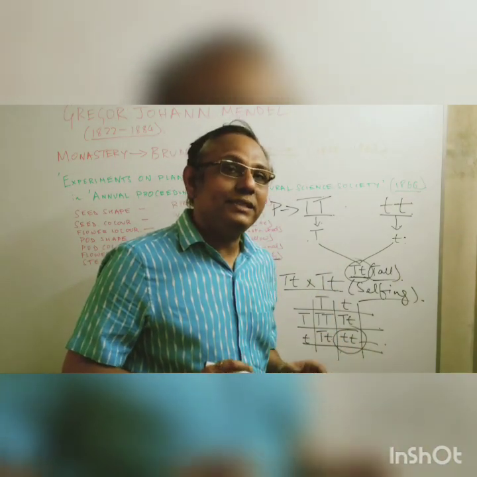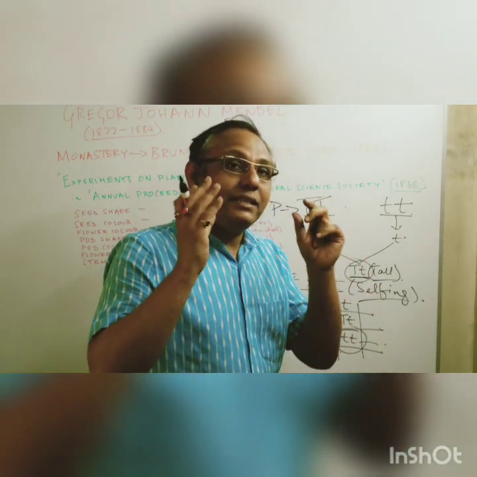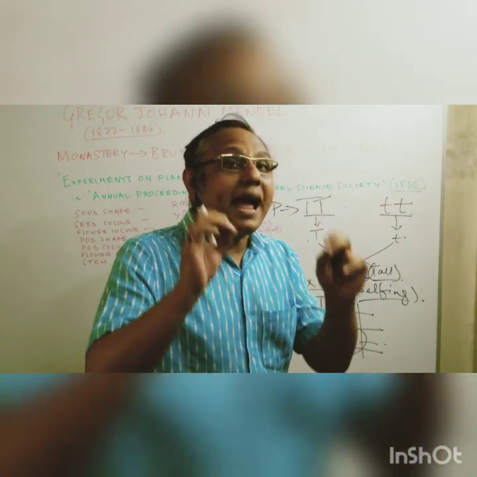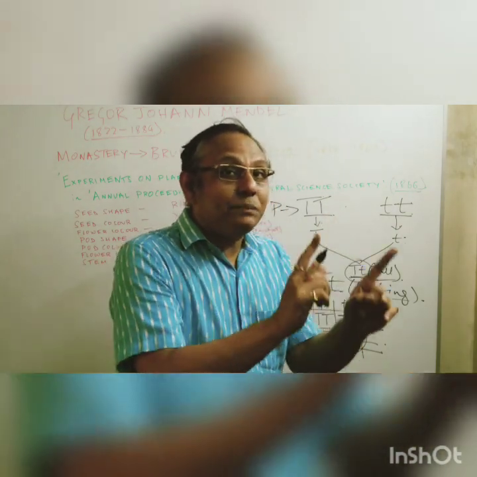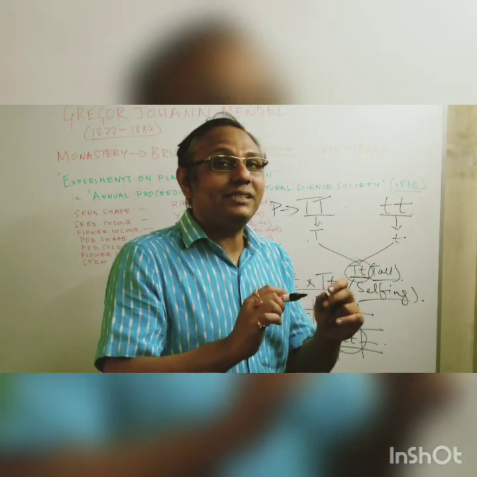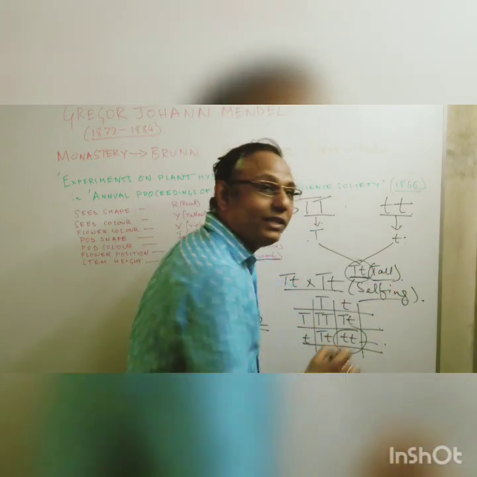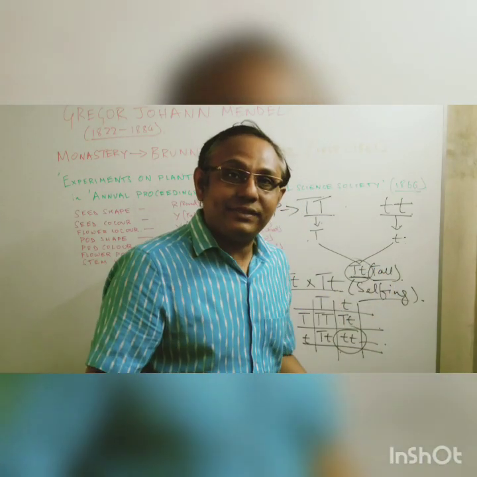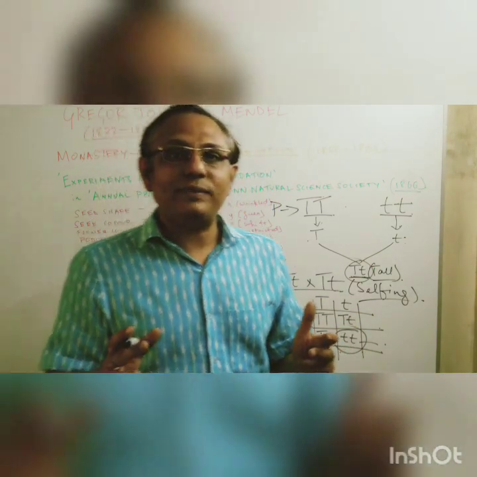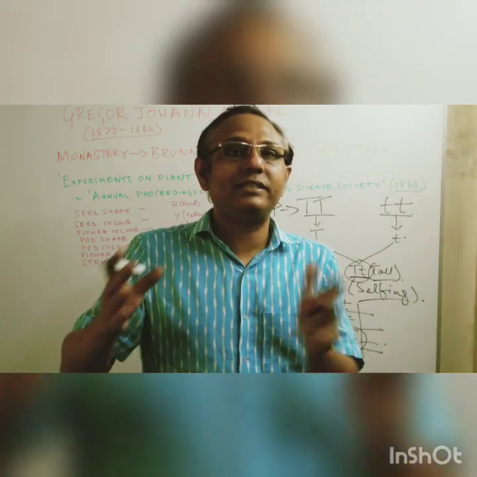The law of dominance says if there are 2 factors and they exist simultaneously in an organism, and one of them is expressed while the other is not expressed, the one that is expressed is known as the dominant feature. What is not expressed, the small t, is called the recessive. I always like to take this example of 2 students, a really fat student and a really thin student.